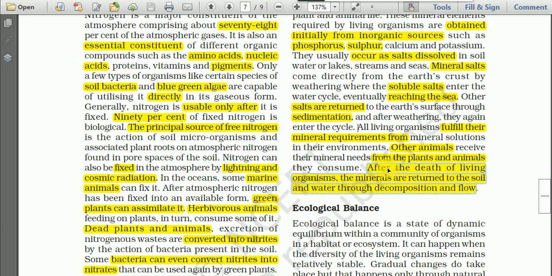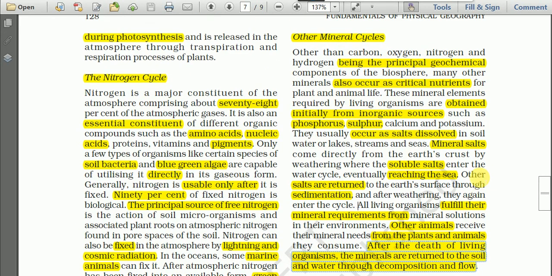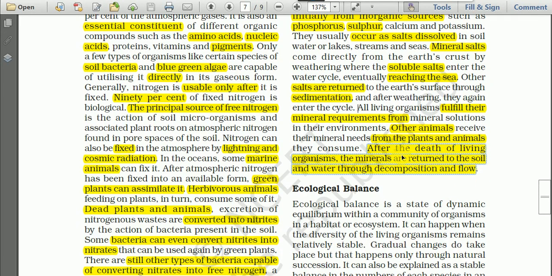And after the death of living organisms, including human beings and animals, the minerals are returned to the soil and the water through decomposition and flow. So in this way, we consume mineral salts from the surface of the earth. Again, when we are dead, we return all the minerals back to the earth. So in this way, we have a cycle, a mineral cycle.